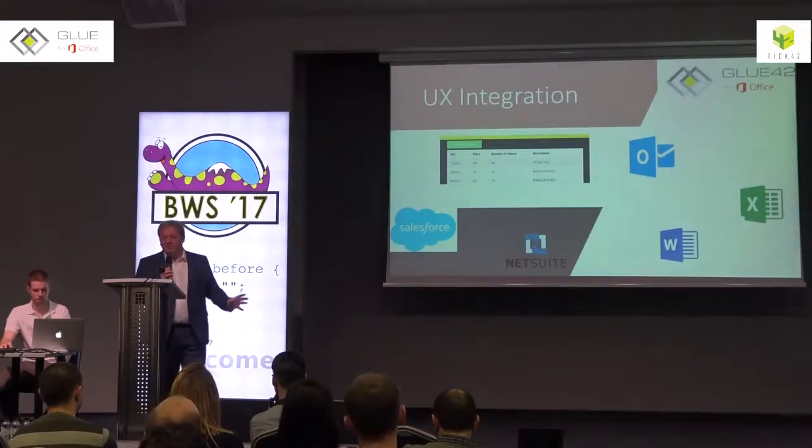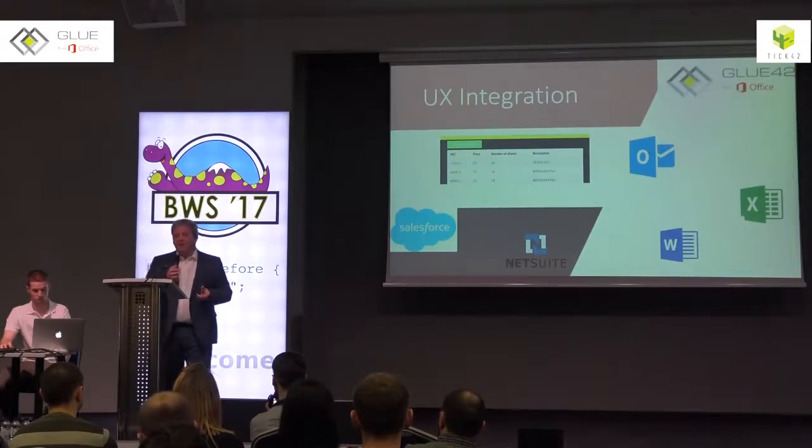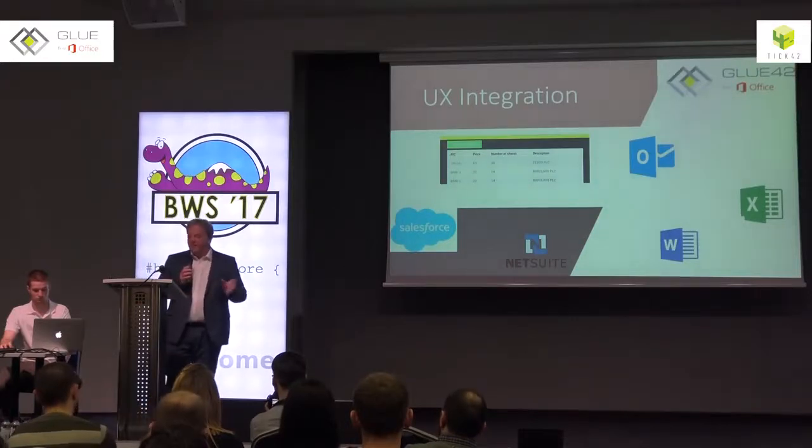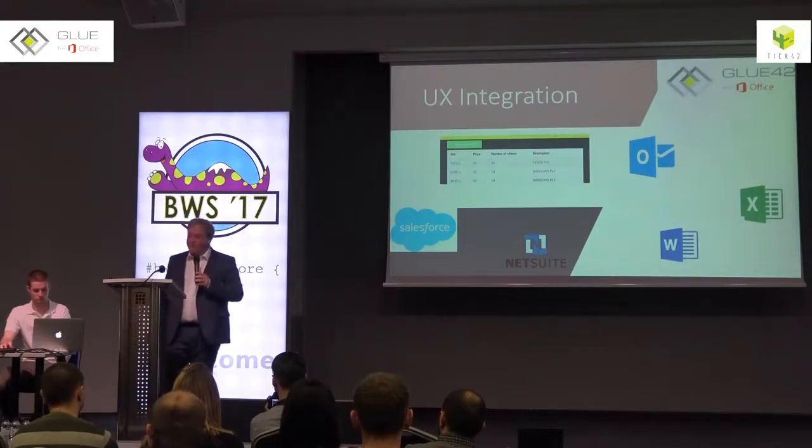So from UX integration, you can directly switch between applications, and perhaps most importantly for corporate web developers, the best example of this is that when using Glue for Office, you do not need to try and force your users to give up on Excel, Word, and Outlook.